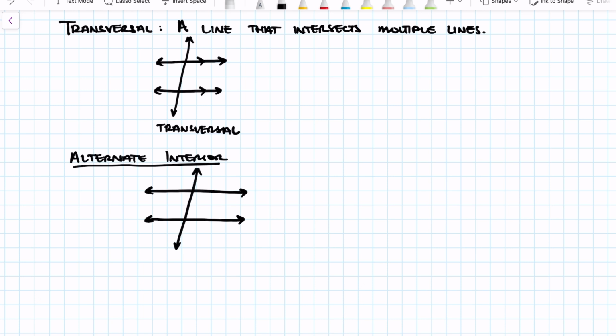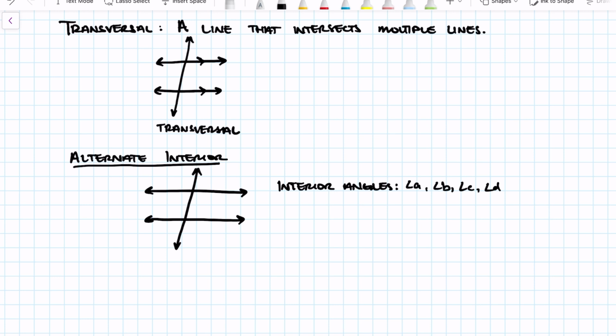Now, the interior angles will be what we will label as angle A, angle B, angle C, and angle D.